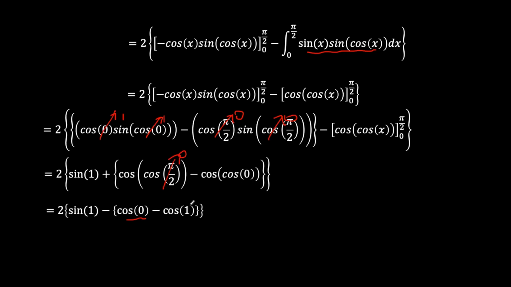And cosine 0 is 1, so we have cosine 1. Since sine of 0 is 0 and we have the negative here, this becomes plus cosine 1. So we have in brackets 2 times, in bracket, sine 1 plus cosine 1 minus 1. And this is the answer.